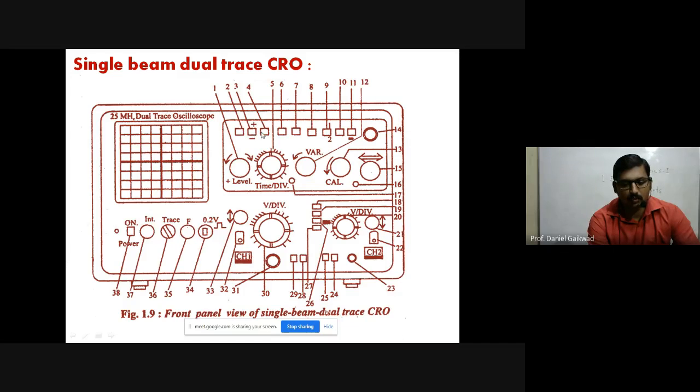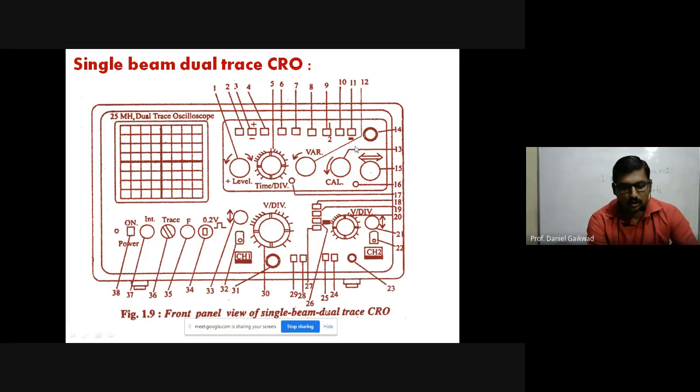So here we have number one, number second button, third, fourth, then fifth, time per division. Like this we have a number of buttons or keys or knobs in the front panel of CRO.